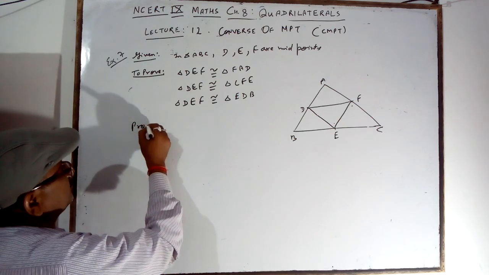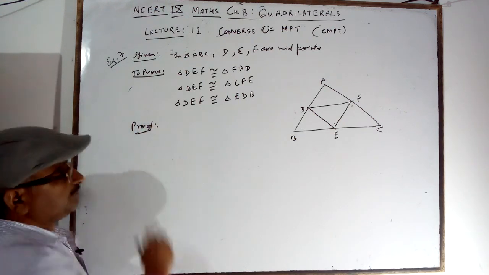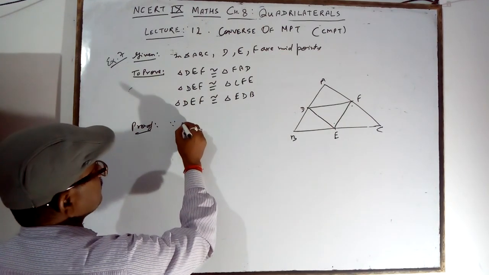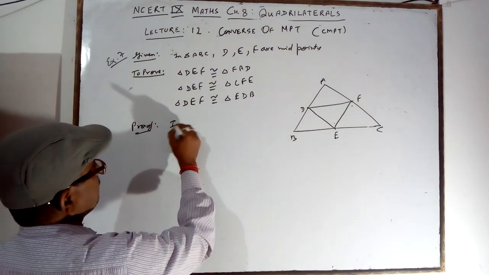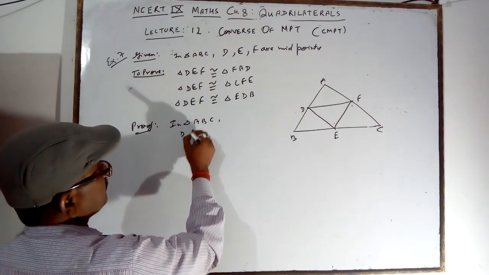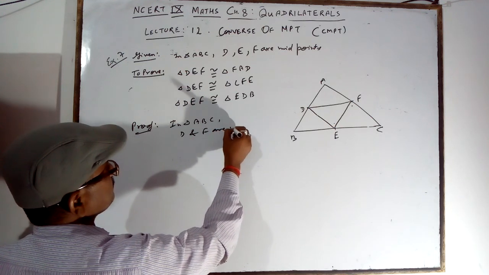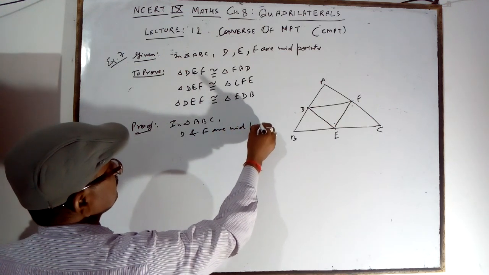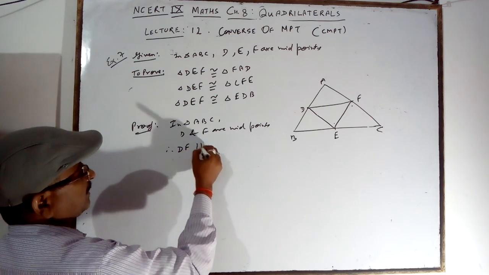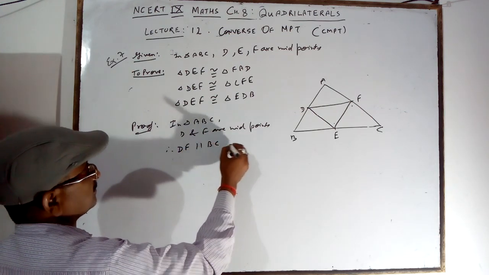Proof is very simple. First you see, because in triangle ABC, D and F are midpoints, so DF is parallel to BC.